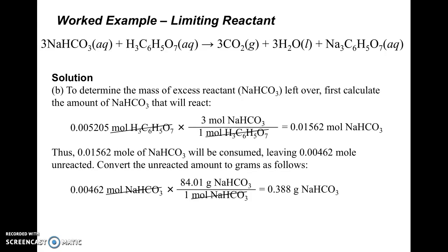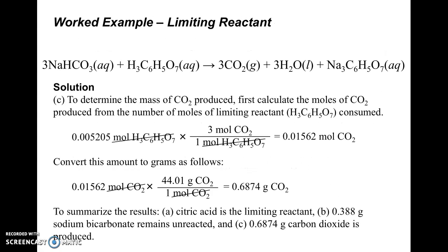And so you can determine the excess of the sodium bicarbonate, and you do that by comparing the citric acid to the sodium bicarbonate using that stoichiometric ratio. And you see how much would be consumed. You can subtract from the 1.7 and see how much is left, and then convert that to grams.